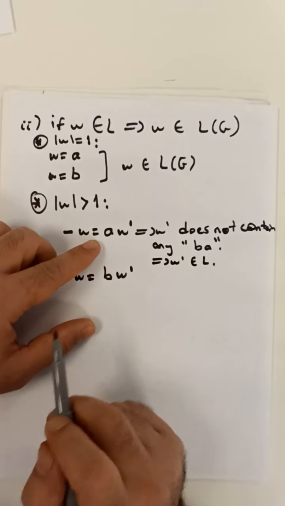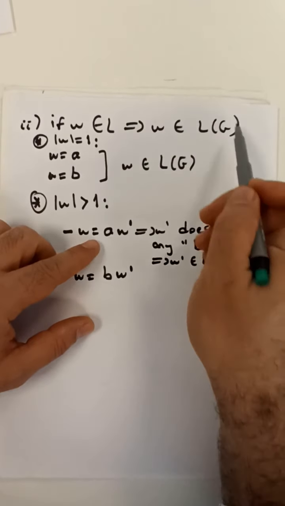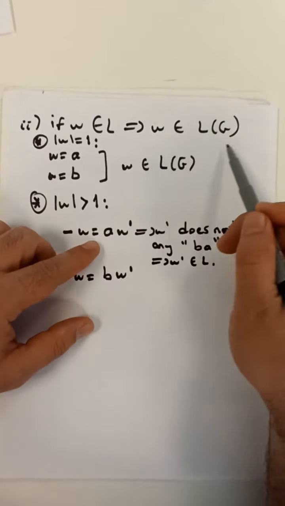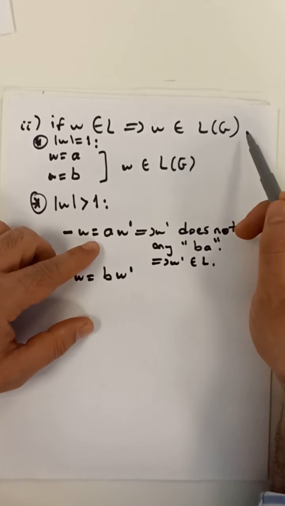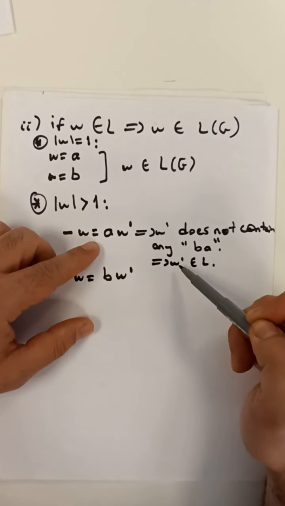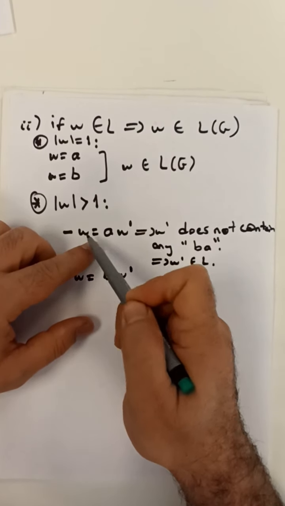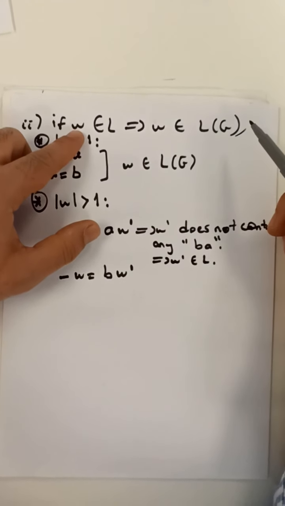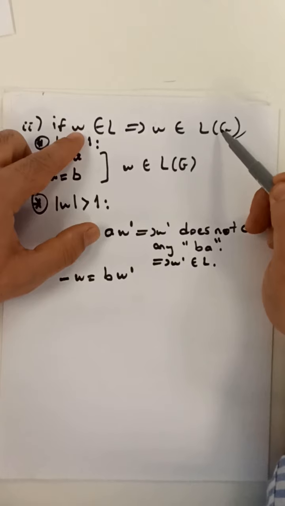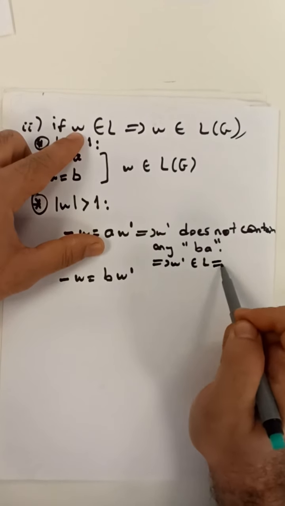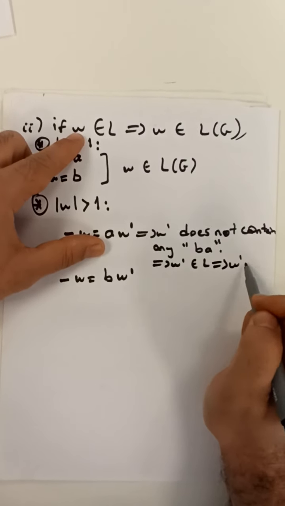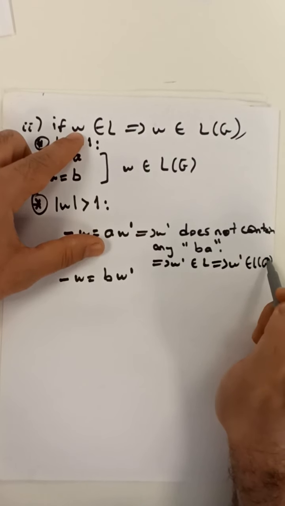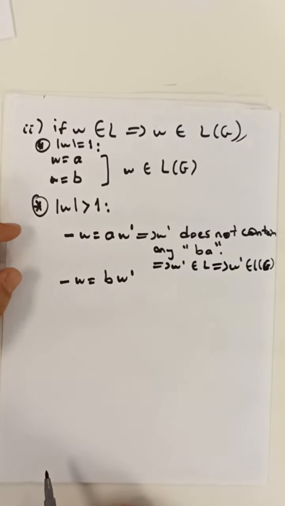And remember that using induction, we can assume that this statement is true for all shorter strings. So for our W prime with smaller length than W itself, if W prime belongs to the language, it can be generated by G. So by the inductive hypothesis, W prime can be generated by our grammar G.